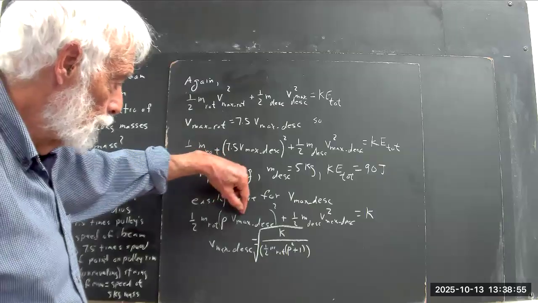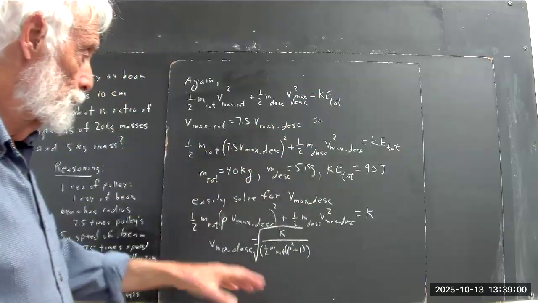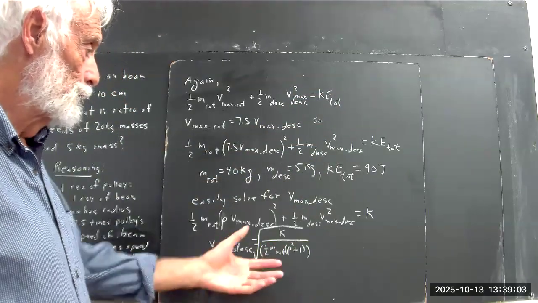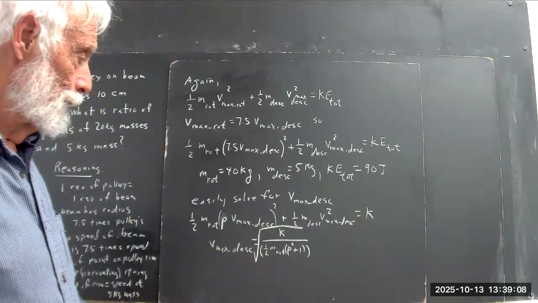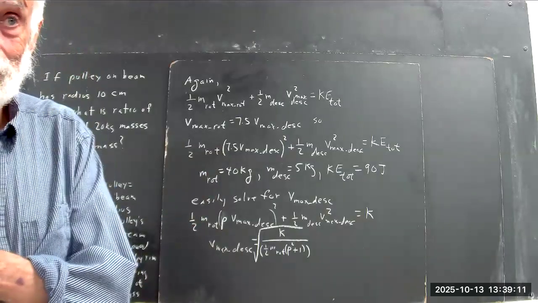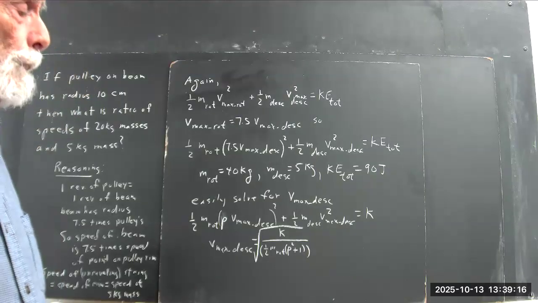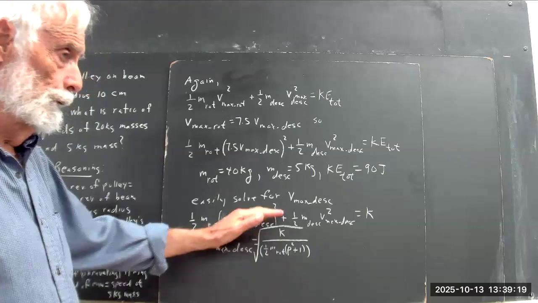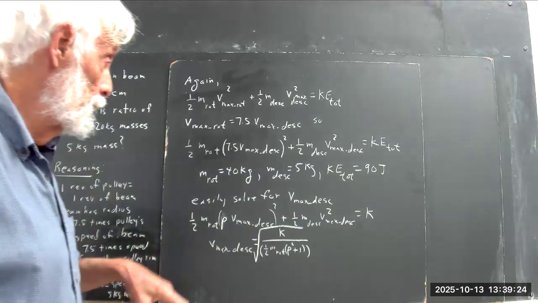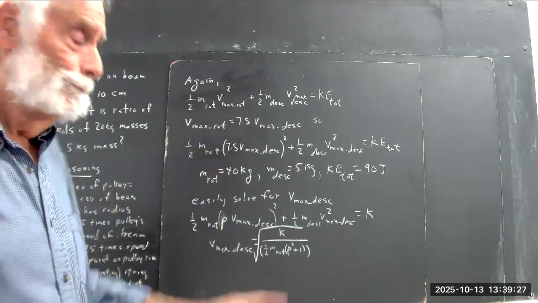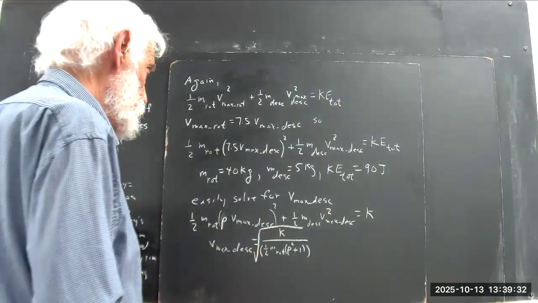I write the square as rho squared V max descending squared. Here I just have a V max descending squared. And then I factor out V max descending squared, and the other factor is this, and I divide that into the kinetic energy. I do this because you want to start or continue writing things out in symbols so you think about the relationships. It's also not a bad idea to write them out with the units and solve that way. You want to understand it both ways.